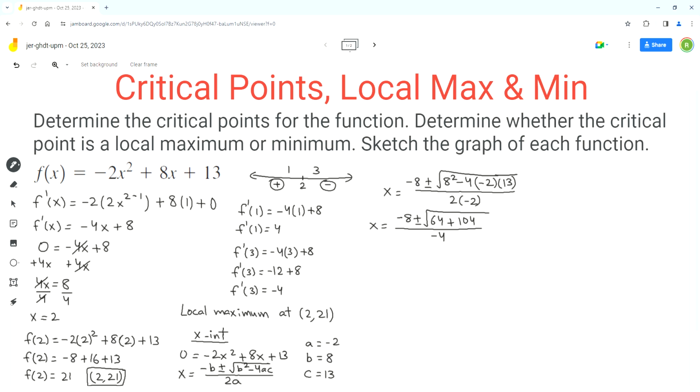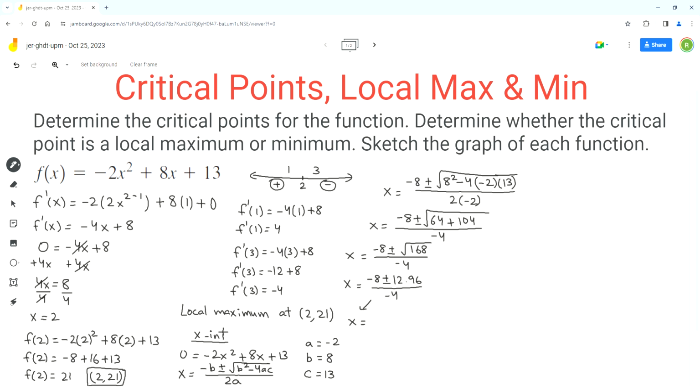Now we can simplify this expression. x equals negative 8 plus minus square root of 168 over negative 4. And now we can do the square root of 168. So we get x equals negative 8 plus minus 12.96 over negative 4. So we get two cases, the positive and the negative case.